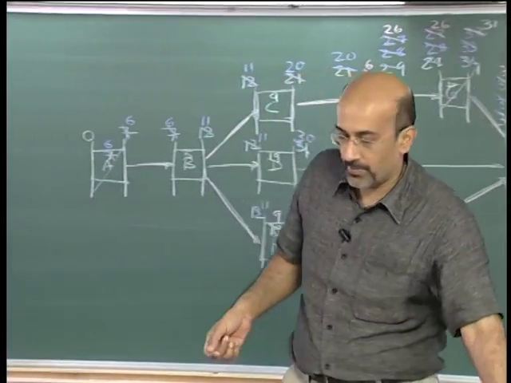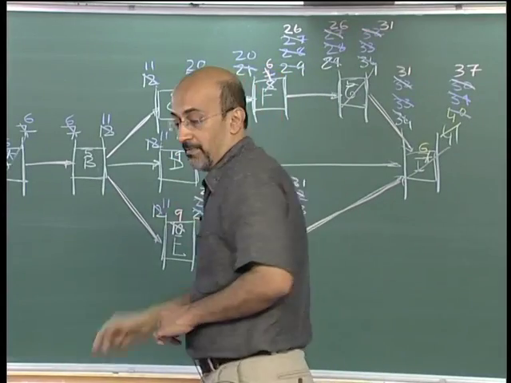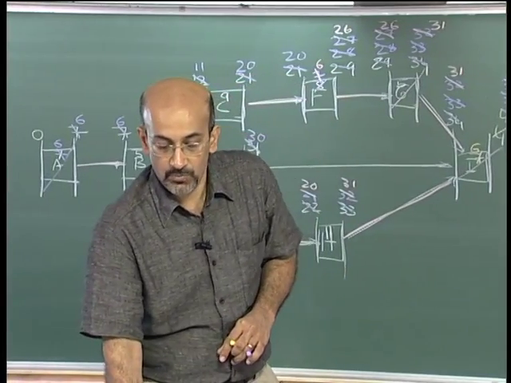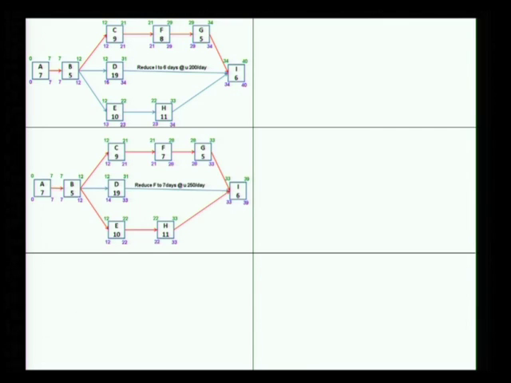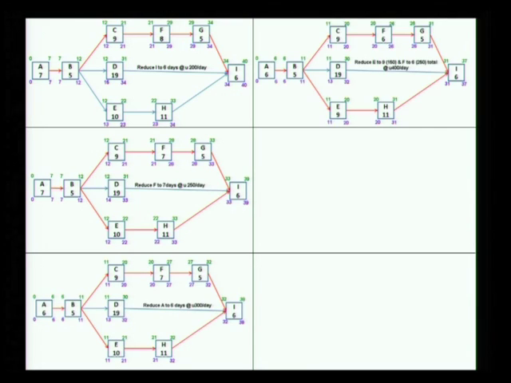Now as we do a process like this, you will see that we could put it into a series of diagrams of what we have shown. So here, we have reached up to here, we have crashed A by 8, we have brought A down to 6 days, and then we just brought E and F down.